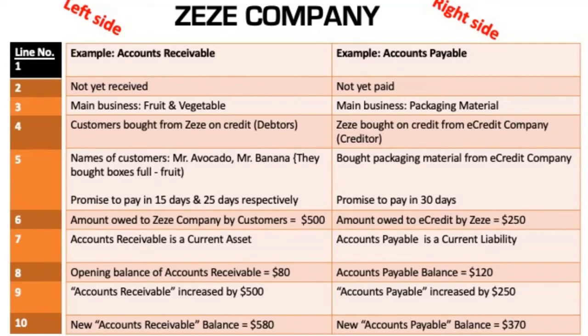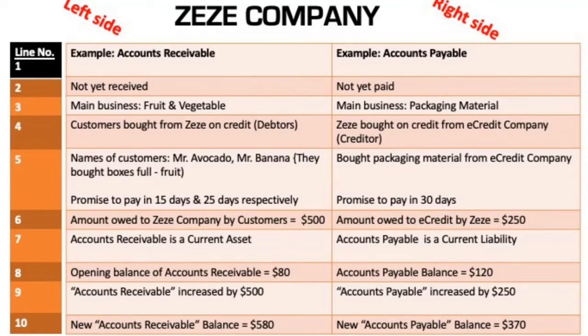And now, on top of the 80 US dollars, Zeze company will add this figure, which is the result of the business transaction between Zeze company and Mr. Avocado, and Zeze company and Mr. Banana. And now the new accounts receivable balance will be 580 US dollars. It has increased by 500 US dollars.